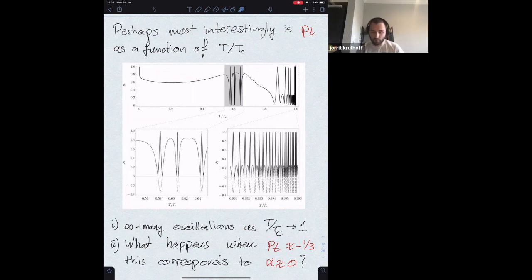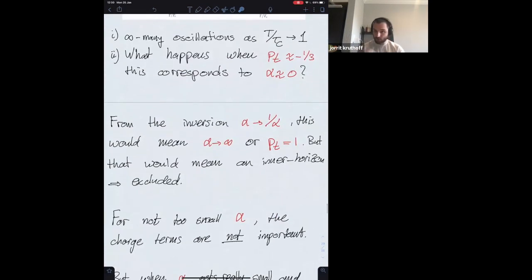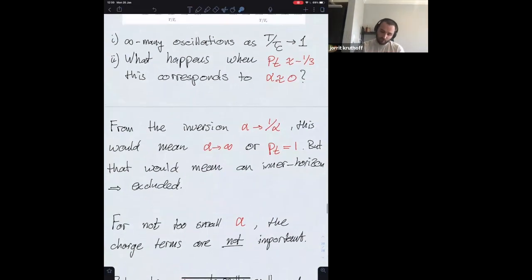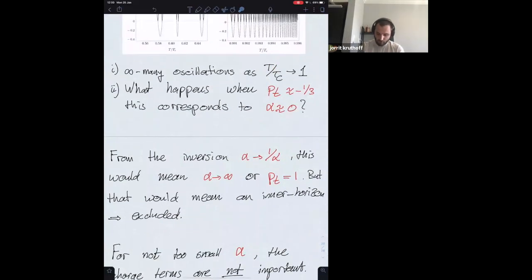And I just argued that we can't have such regular inner horizons for these geometries if the scalar field is present. So that option seems to be excluded. Very close to alpha such that PT is minus a third, the geometry just goes back to a regular inner horizon.